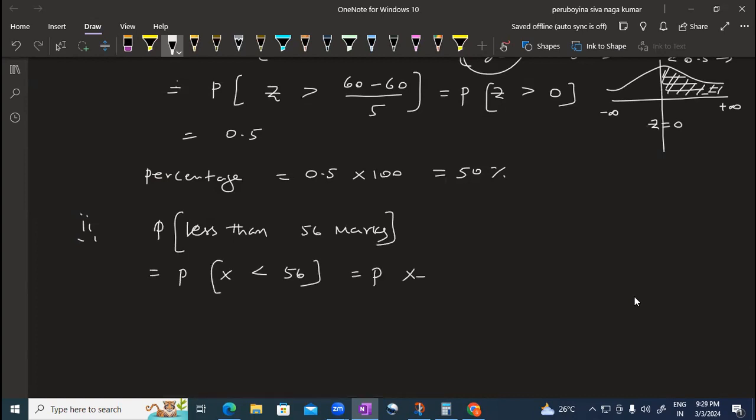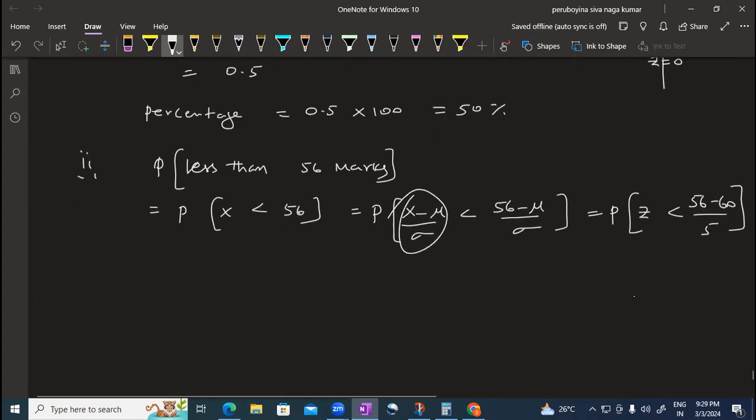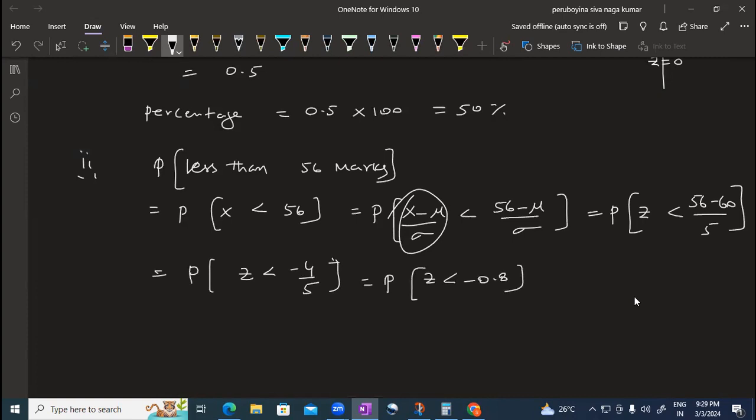And we will do the same, x minus mu by sigma on either side, and we will substitute the values also. X minus mu by sigma will be Z less than (56 minus 60) by 5. That is equal to the probability of Z less than minus 4 by 5. So this value will be P of Z less than minus 0.8.